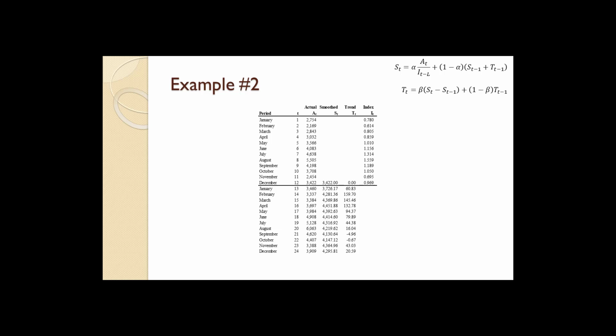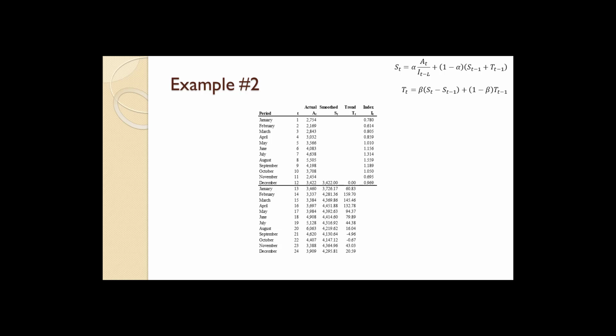S sub 13 equals 0.3 times 3,460 divided by 0.780 plus 1 minus 0.3 times the quantity 3,422 plus 0 equals 3,726.17. T13 equals 0.2 times 3,726.17 minus 3,422 plus 1 minus 0.2 times 0 equals 60.83.